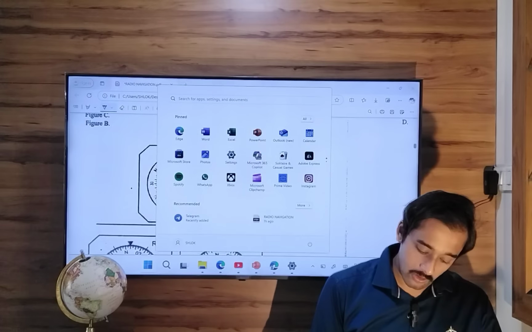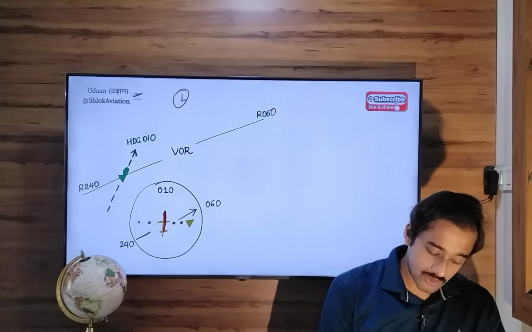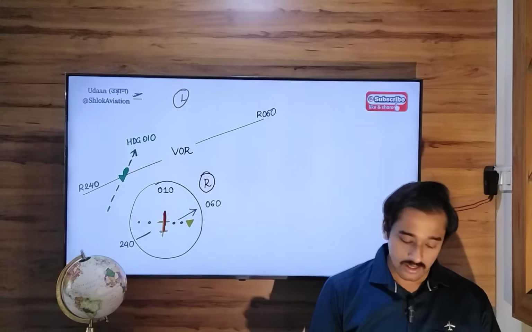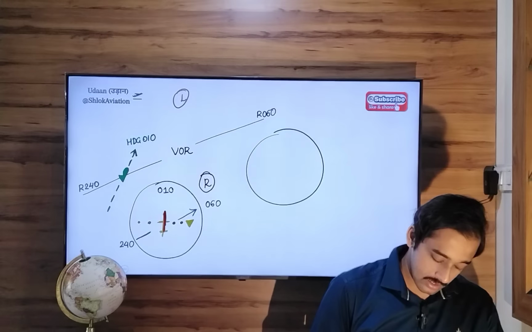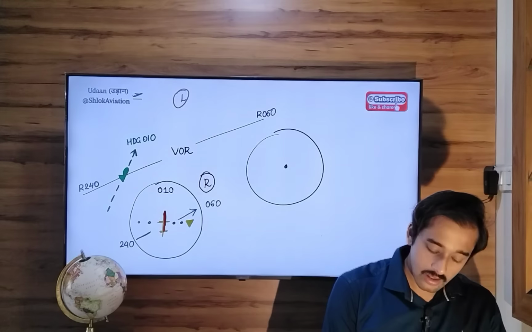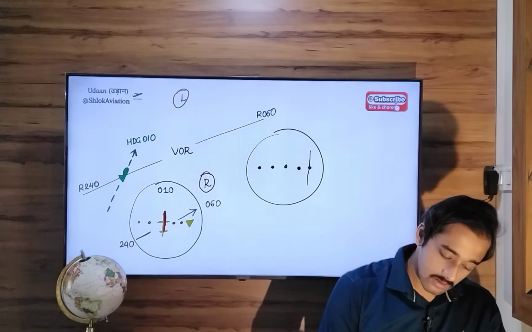Now going inbound, this becomes your left hand side, this becomes your right hand side. Now the CDI indication is telling the pilot to fly 2 dots right hand side, which is 10° to the right hand side.